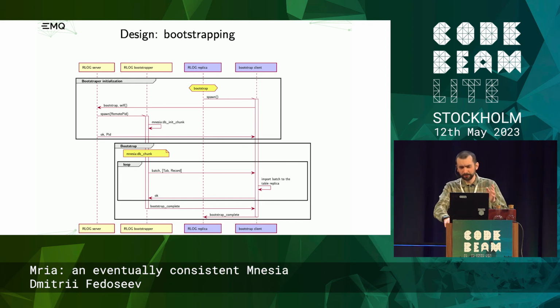The interesting part is how we backfill the old data. We call this process bootstrapping, and we came up with a pretty smart algorithm that does not involve any locking whatsoever, so it does not disturb any real-time transactions.